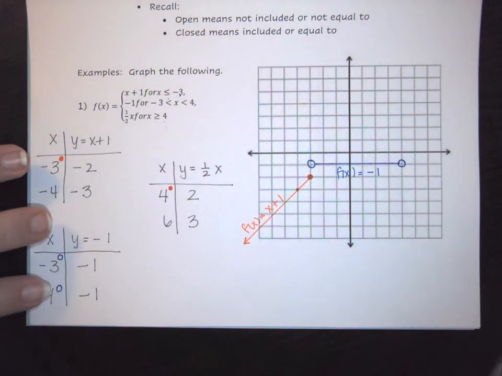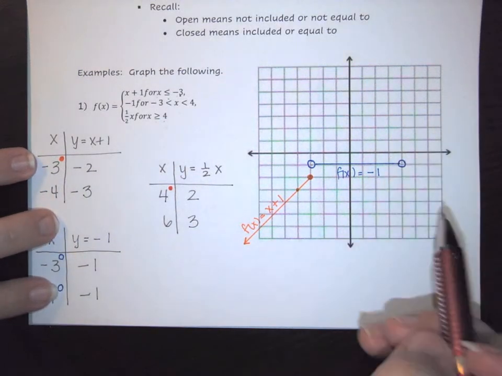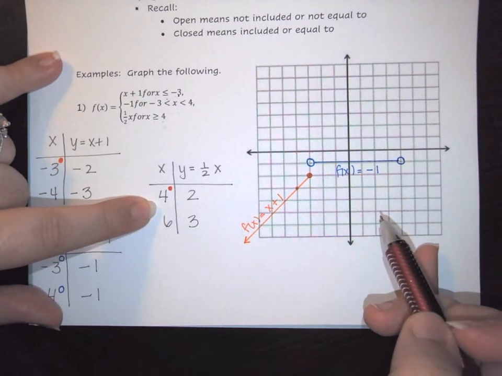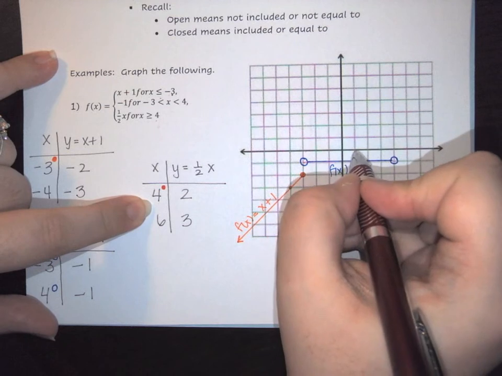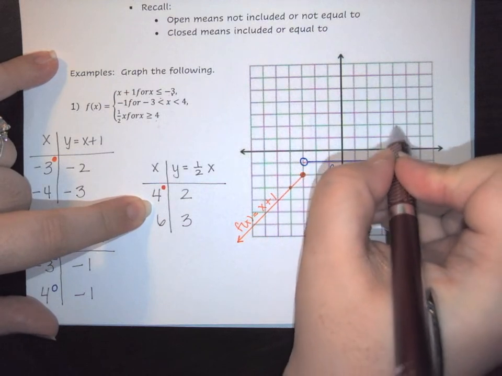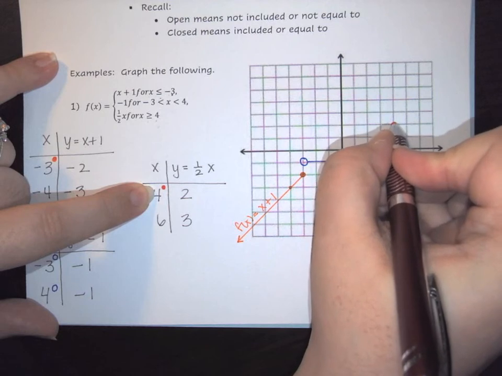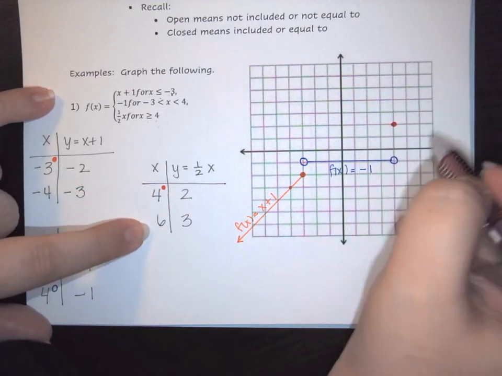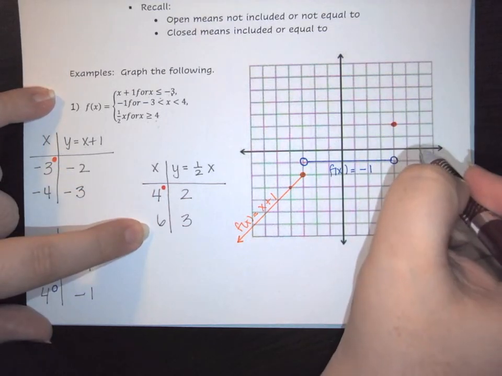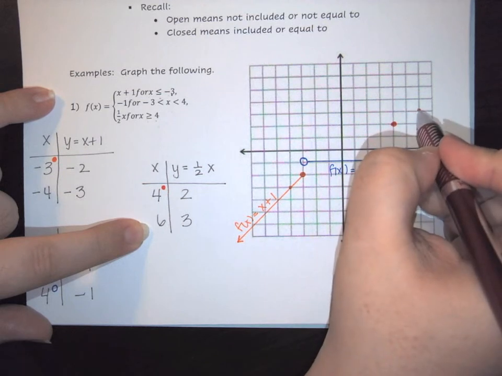So the last thing I can do is I can go in and I can graph these points. So I have the point 4, 2. So 1, 2, 3, 4, 1, 2. And it was a filled in circle, so I'm going to darken that one in. And then I have the point 6, 3. So this was 4, 5, 6, and 1, 2, 3.